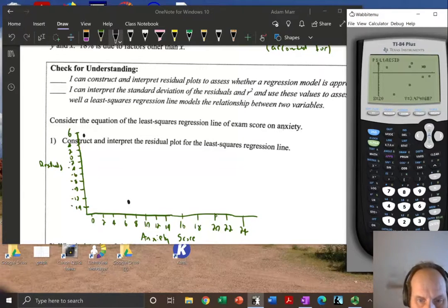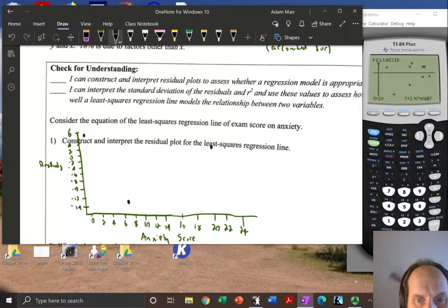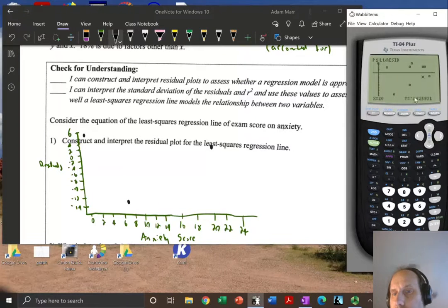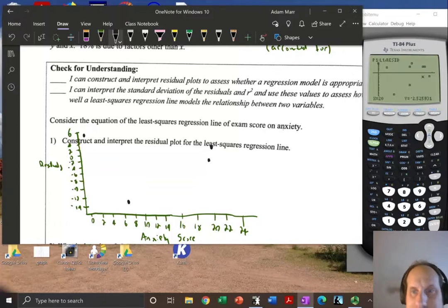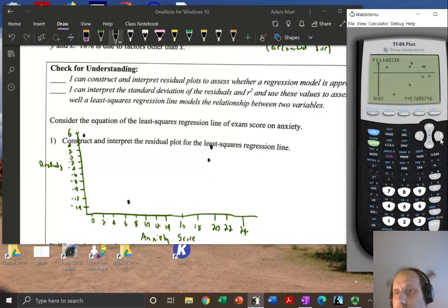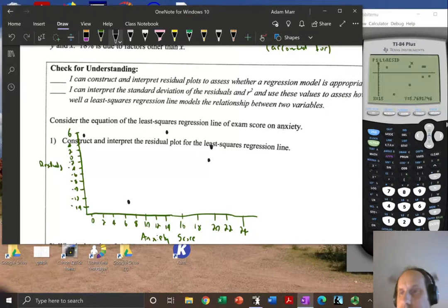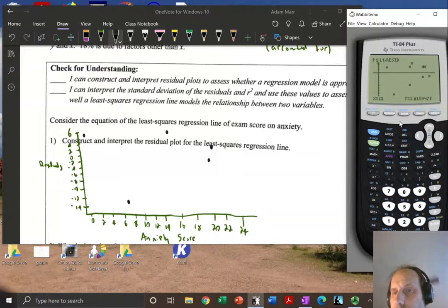So over 20, up 3.5 is about right here. Again, we're just approximating. Then we have 20 and negative 2.5, so over 20, down 2.5, about right here. Then we have 15 and 5.7, so about 15, comma 6, rounded. Then we have 21, 3.6.